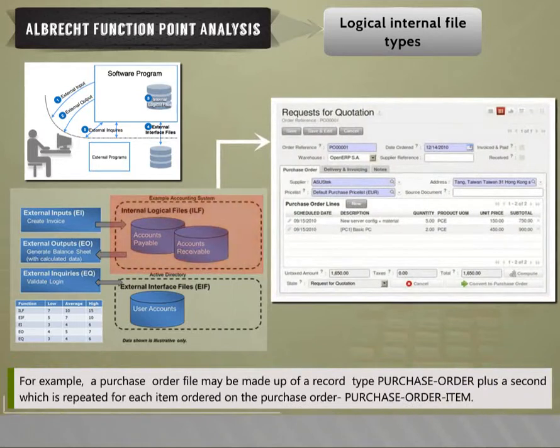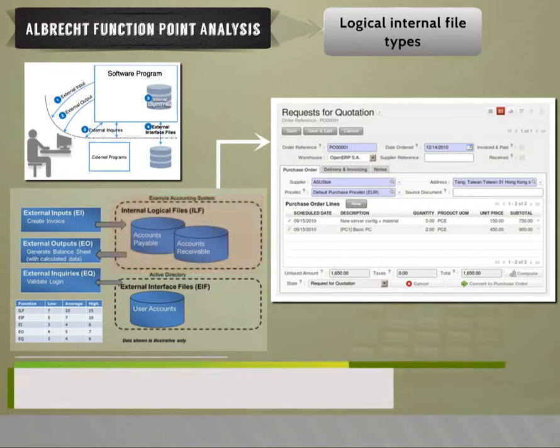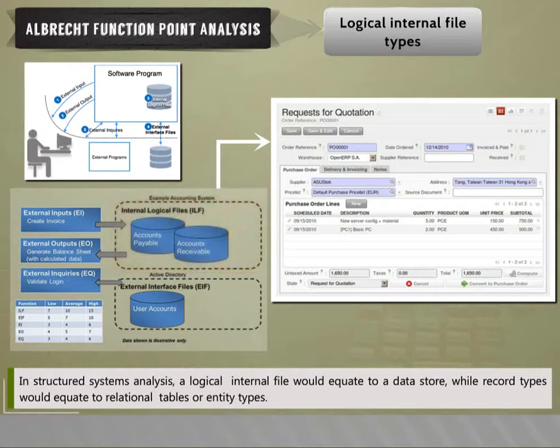For example, a purchase order file may be made up of a record type purchase order plus a second which is repeated for each item ordered on the purchase order item. In structured systems analysis, a logical internal file would equate to a data store, while record types would equate to relational tables or entity types.